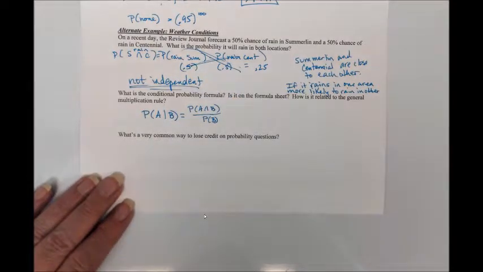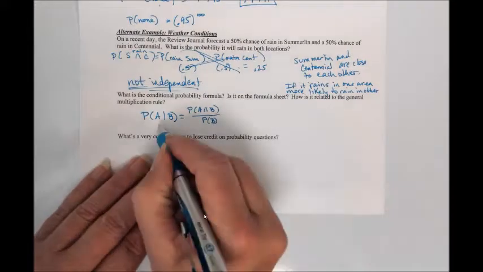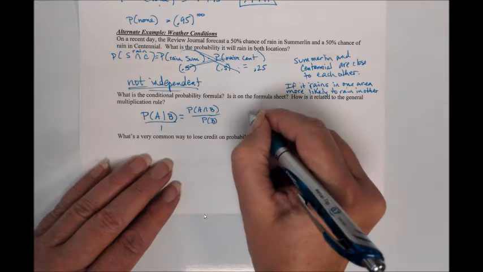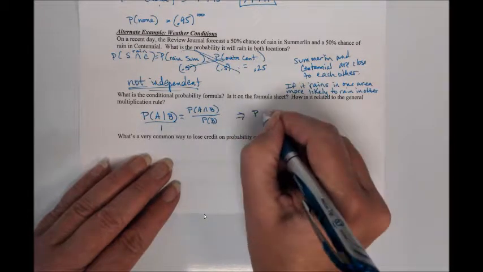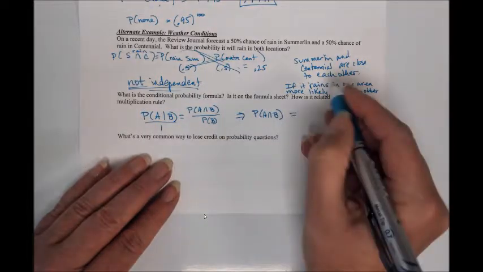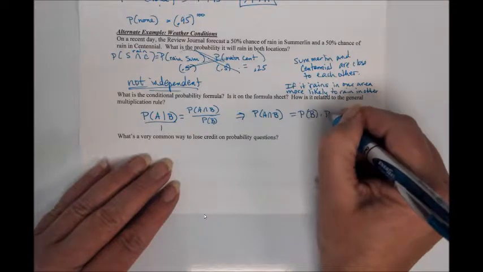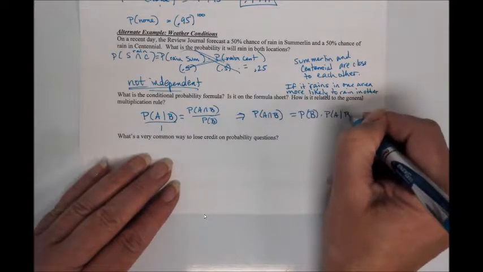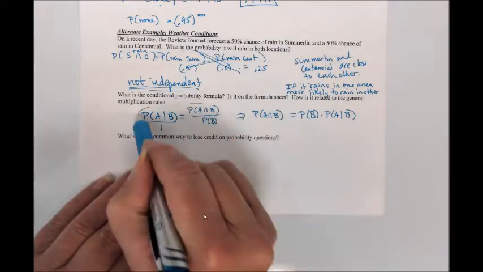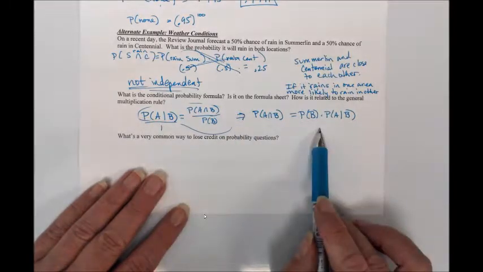When I asked earlier whether the multiplication formula was on the sheet, I said not really, but if you cross multiply and solve this, it can be transformed into the probability of A and B equals the probability of B times the probability of A given B. So this is the multiplication rule, but this is what's on the formula sheet, and it can be transformed from the conditional to the multiplication rule.